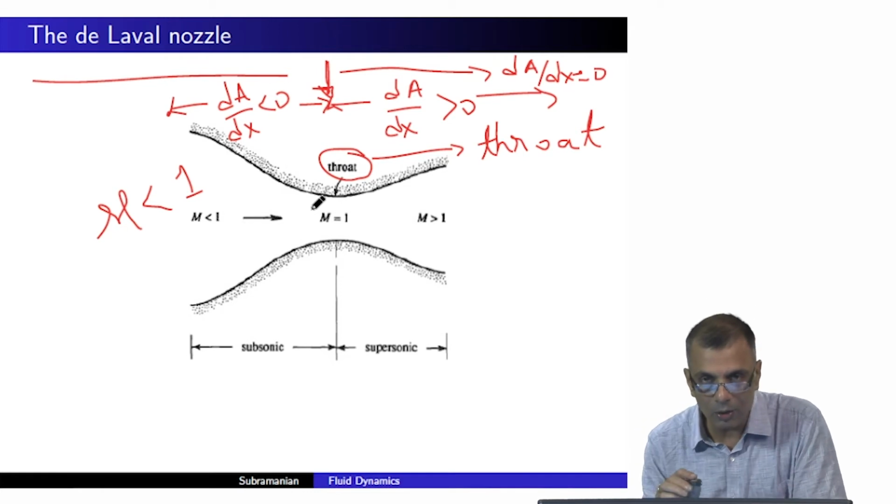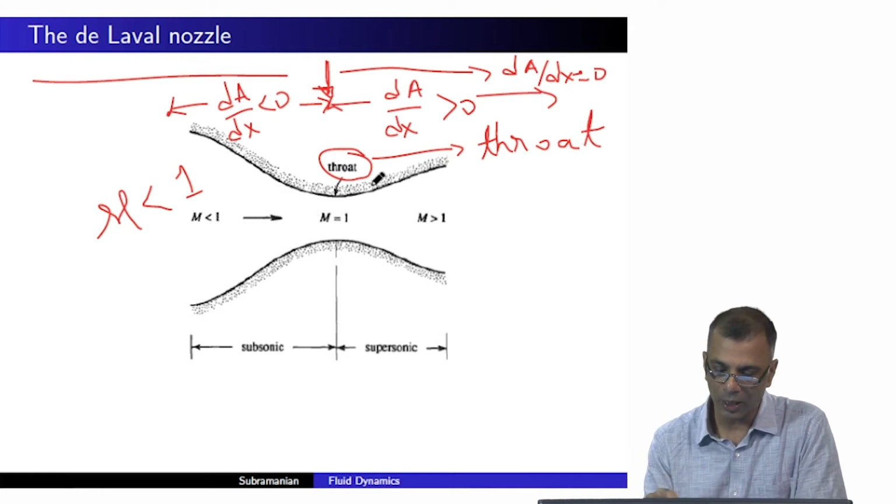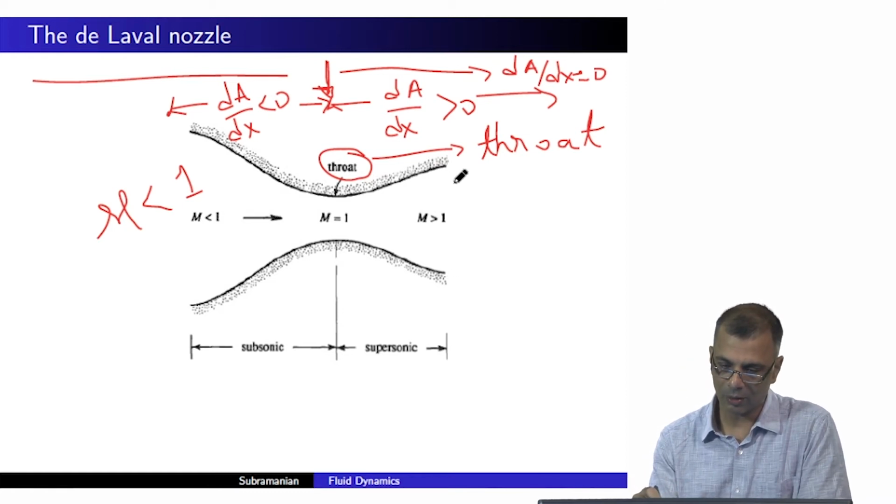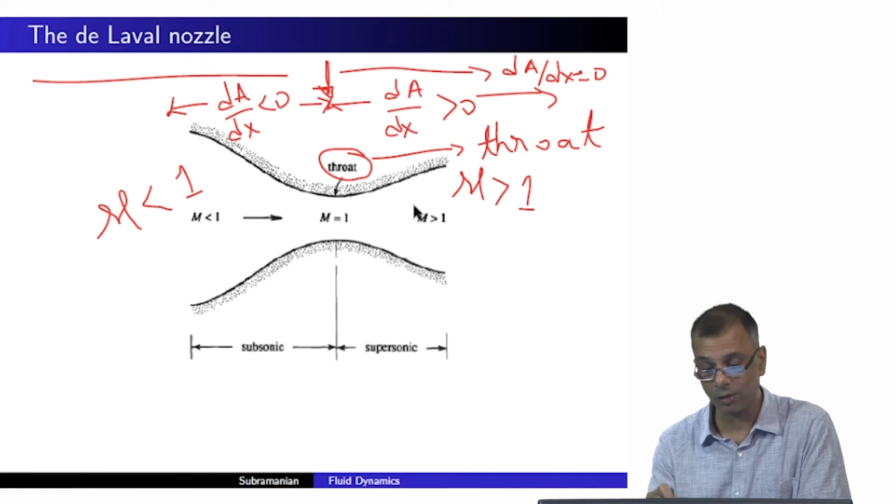And we know that for supersonic flows, a diverging channel is a nozzle, isn't it? So to the right of this, you have supersonic flows. And for supersonic flows, the diverging channel is a nozzle. So the flow continues to accelerate and the Mach number becomes larger and larger.